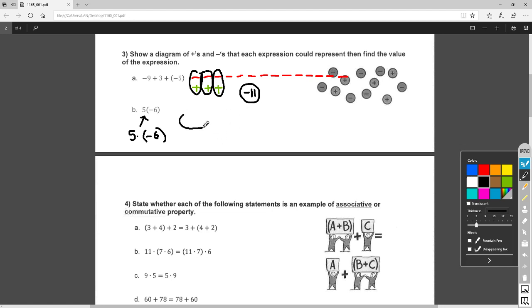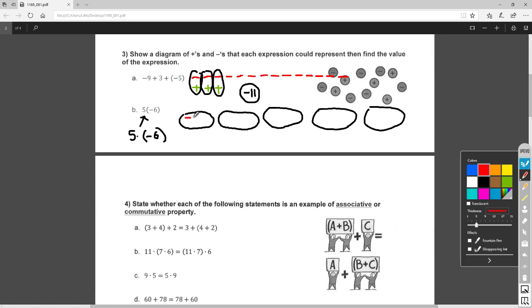I'm going to draw them in circles first, so I'm going to draw my 5 groups first. And again, in each group you need 6 negatives. So I'm going to go ahead and draw 6 negatives in each group.